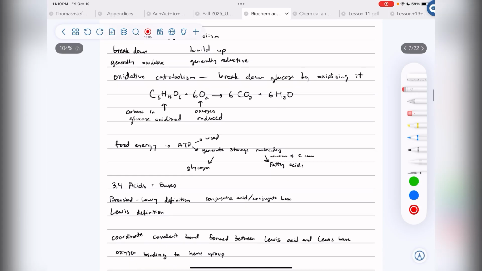And so ATP is used to form the bonds in glycogen and fatty acids, because it takes energy to build those molecules up. So ATP is the exergonic spontaneous reaction that has to be coupled to these endergonic reactions of making all these bonds and building bigger molecules. That does take energy.